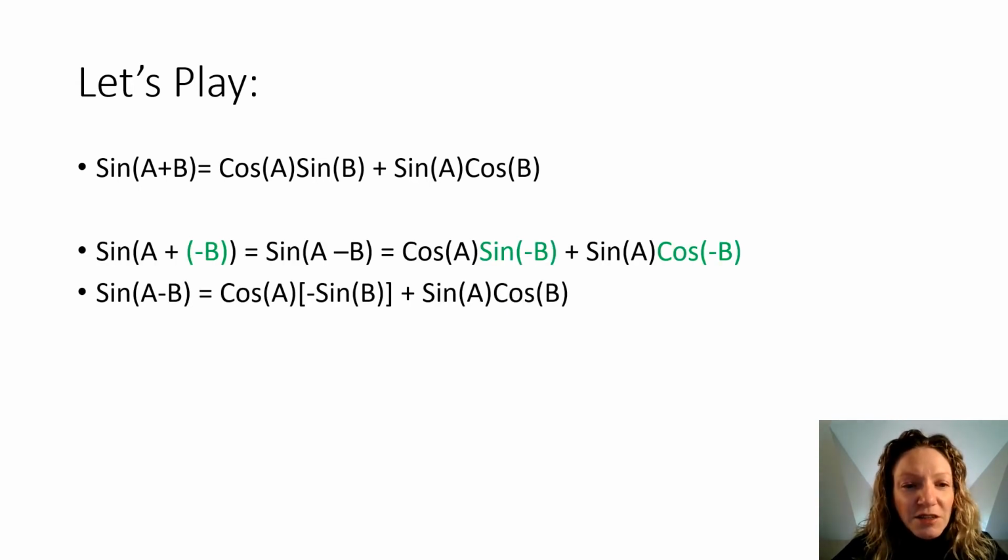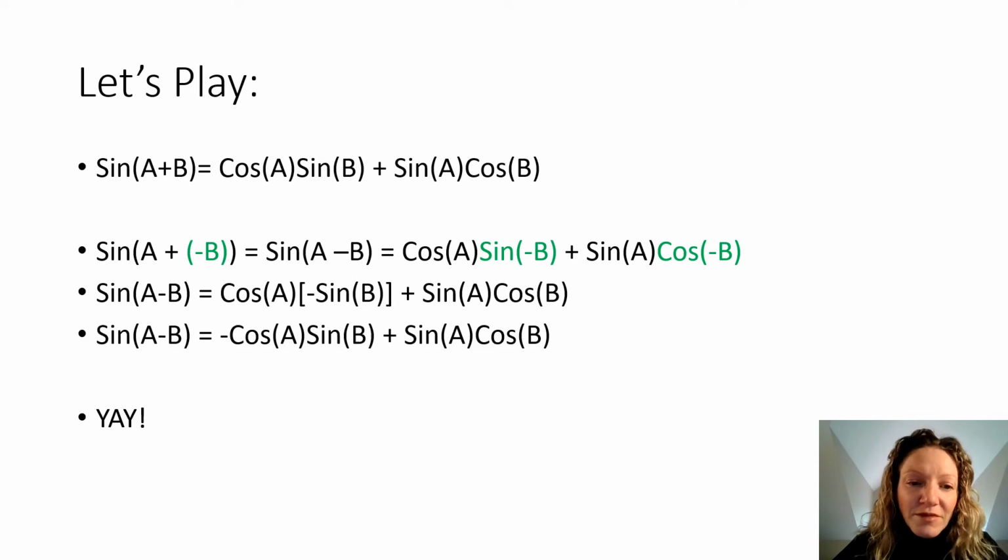All right, substitute in negative B. In our formula, instead of A plus B, it's going to turn into sine A minus B. Wherever you had sine B, that now becomes sine negative B, and cosine becomes cosine negative B. Well, cosine negative B and cosine B are the same distance from the center, so that just stays cosine B. And the sine negative B becomes negative sine B. It's multiplication, so you end up getting sine A minus B is negative cosine A sine B plus sine A sine B. Really, you're done there, but we know the convention is they want to have a positive term first in the expression and then the negative term.